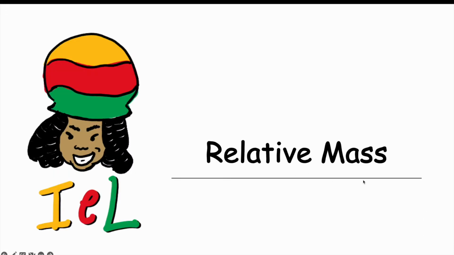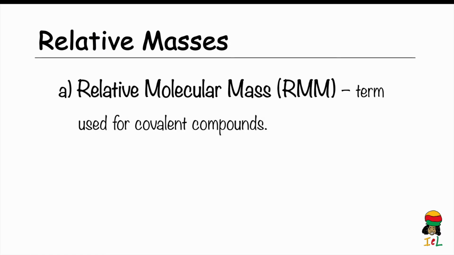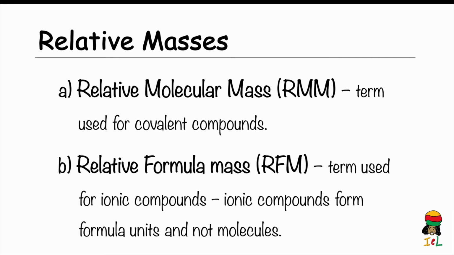Relative mass is another term we must be able to explain. There are 2 types of relative masses. The first is relative molecular mass, abbreviated RMM. The term relative molecular mass is used when calculating the relative mass of covalent compounds. The second is relative formula mass, RFM.